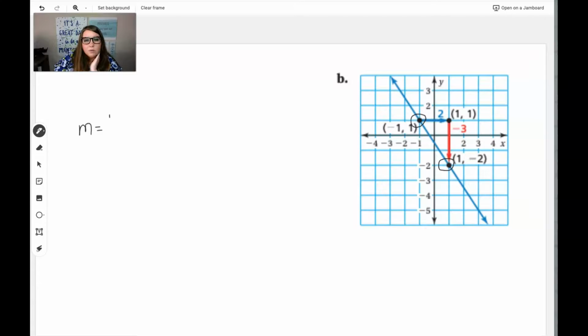So m equals y2 minus y1. So this just means that we're going to look at the y coordinates of point 2 and of point 1. Here's the y, and here's the y. Okay, so point 2 is here, point 1 is here, and we would just subtract them.